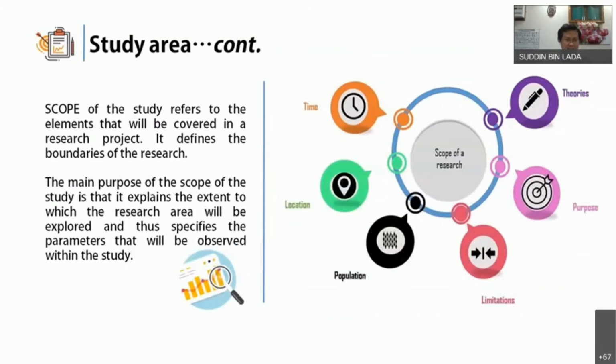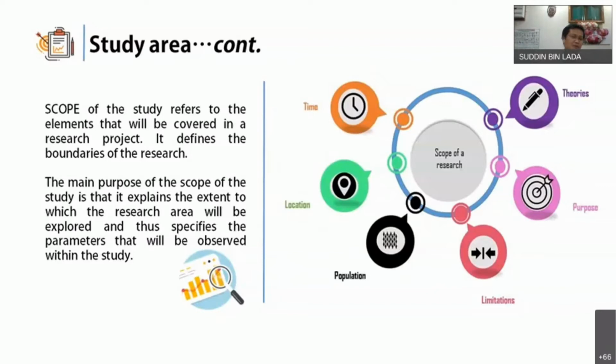A scope of study refers to the elements that will be covered in your research project. Because definitely you cannot cover all areas, all elements, all dimensions. It's nearly impossible for you to cover all of that. So before you come out with the final decision or final selection of your study area, please consider the scope of your study.